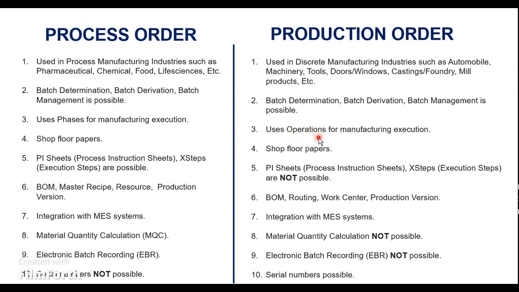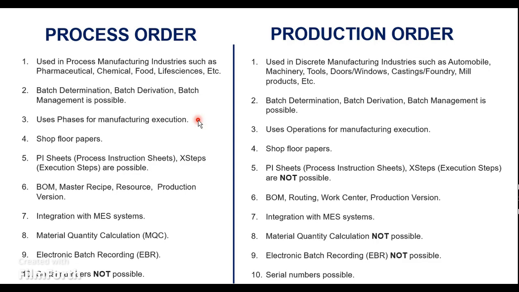So why? Because the process order goes through a particular process, and we cannot keep on manufacturing the chemical or the pharma drug in two or three different operations. So for that reason, we just dump all the raw materials into a reactor or maybe a compounding machine, and that's where the blending process actually takes place.